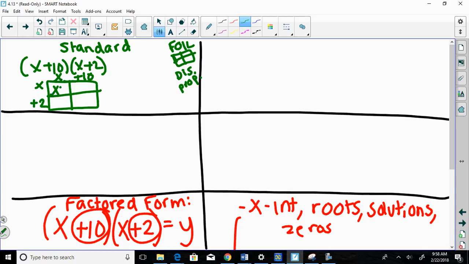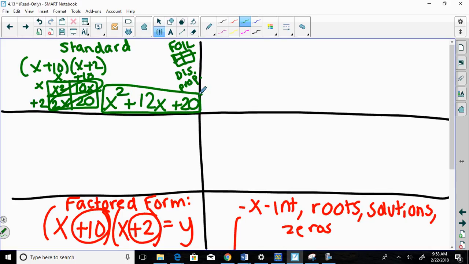X squared. What's 10 times x? 10x. What's 2 times x? 2x. And 2 times 10? 20. Then we combine like terms. Which ones have the same last name? 2x and 10x. So let's rewrite it: x squared, what is 10 plus 2? 12x. And the loner on the end? 20. So that's standard form.